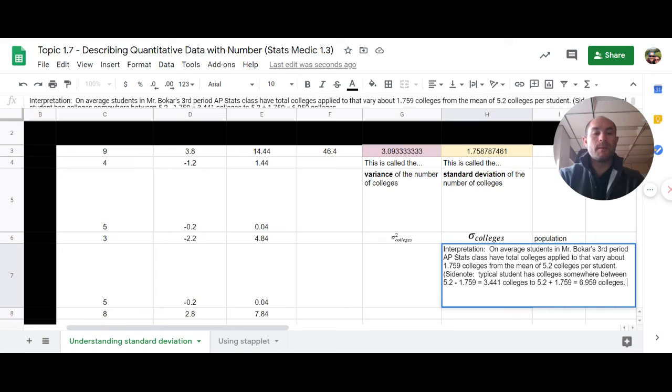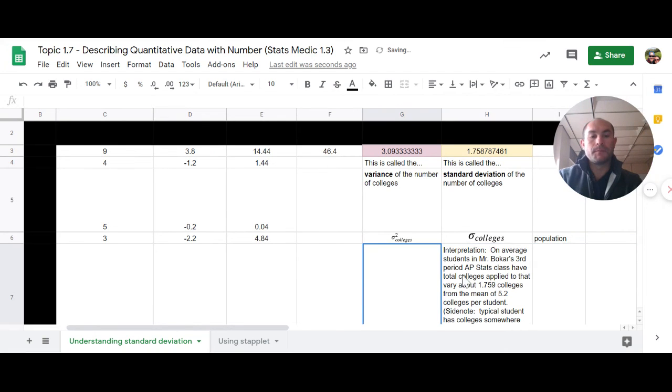So typically, students in our class fall somewhere between 3.441 colleges and 6.959 colleges.